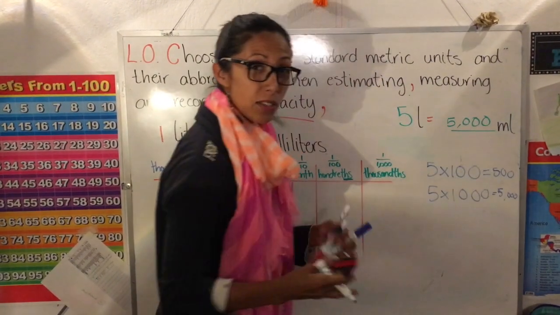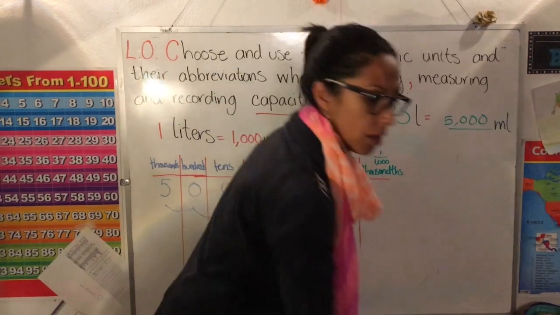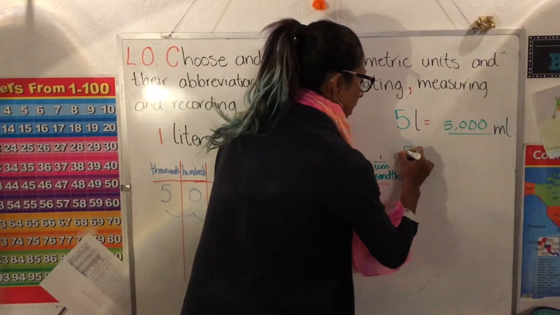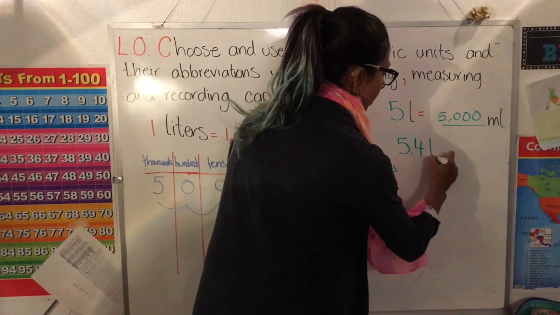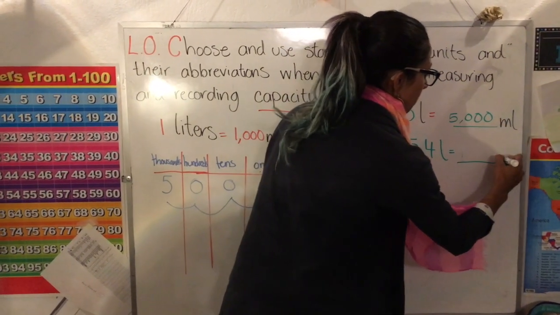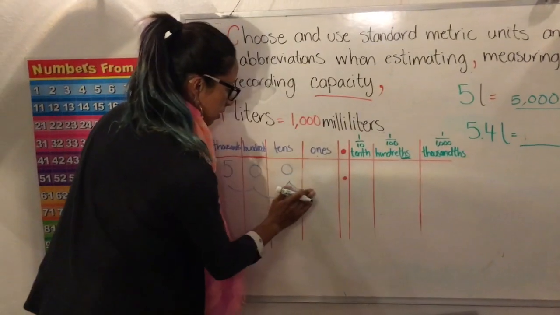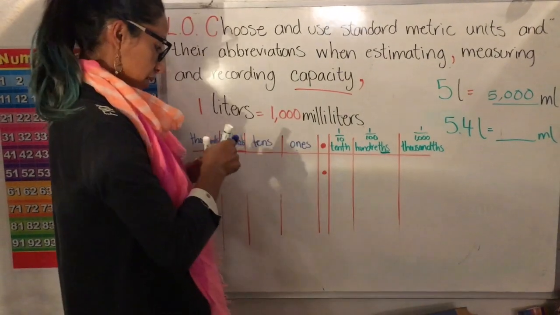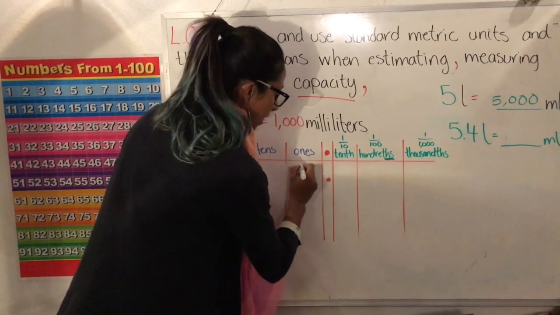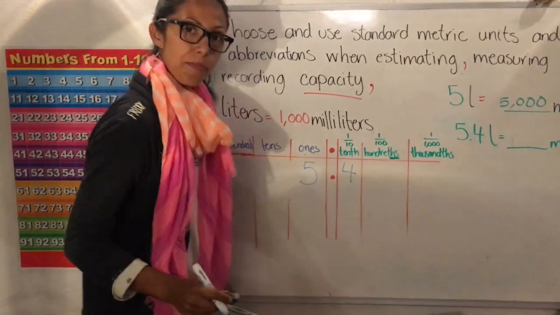But what happens when you have decimal points? So 5.4 liters would be how many milliliters? So let's work with that. So erase this, and 5 decimal point 4.